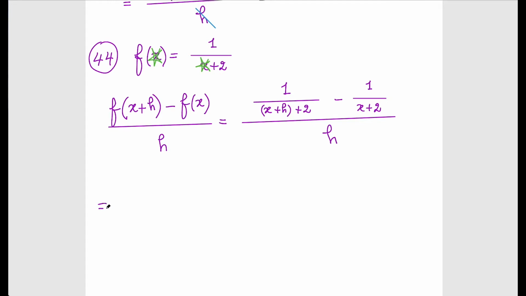This is equal to, dividing by h is the same thing as 1 over h, right? Times that numerator, which is 1 over x plus h plus 2. This is this guy, minus 1 over x plus 2. Correct?